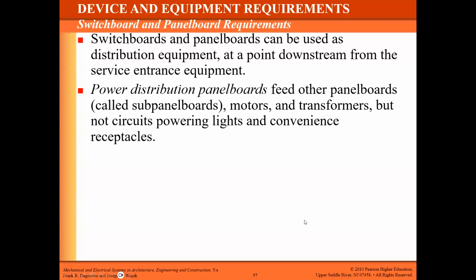Between the service entrance, where it comes in off of the street or up from underground, and the final distribution panel where all the power is going to go to the individual outlets, you may have switchboards or panel boards, and these are just intermediate devices that are going to help divide up that electricity and route it to the smaller control panels throughout the building.